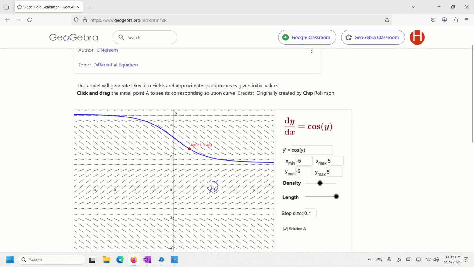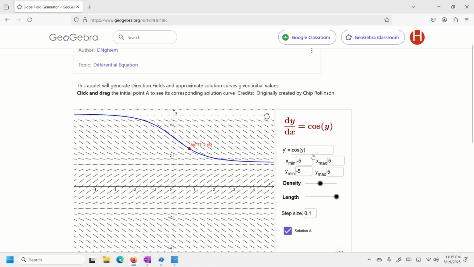Press that. And it asks you, what's your differential equation? Y prime equals what, right? Notice that here it wants your function to be a function of x, not of t, so be aware of that. So our differential equation is 10 minus 0.25 y.